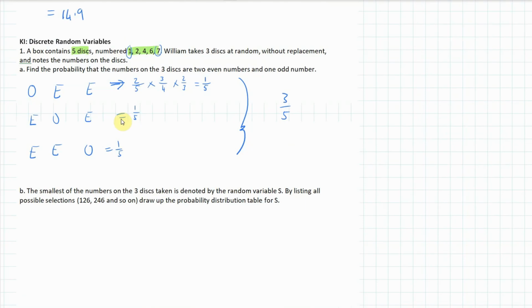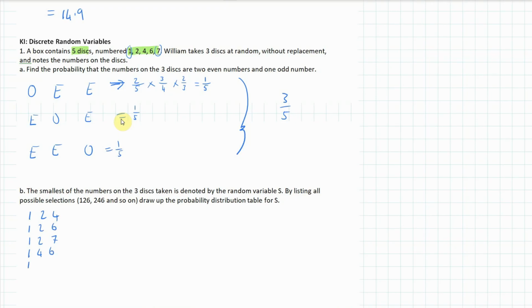Okay, so we could go 1, 2, 4, 1, 2, 6, 1, 2, 7. I guess we could go 1, 4, 6.